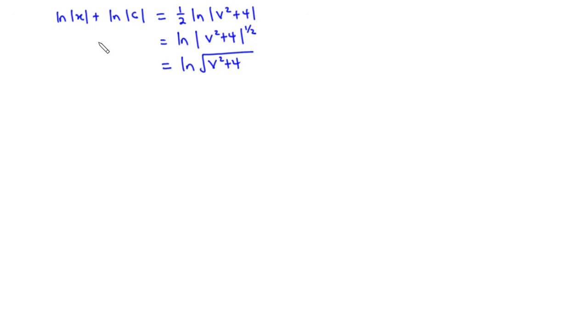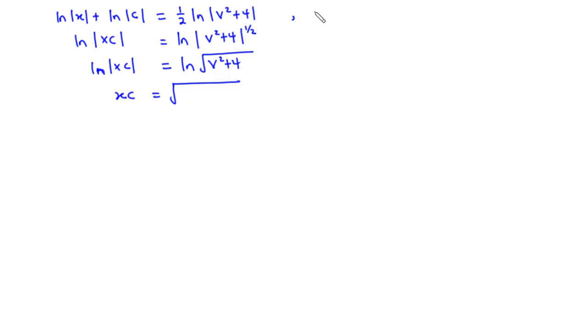Okay, now on the left hand side we have ln of absolute value of x times c. So ln of x times c. Now because we have log on both sides, we do away with the log, so that we have xc equals the square root of v squared plus 4.